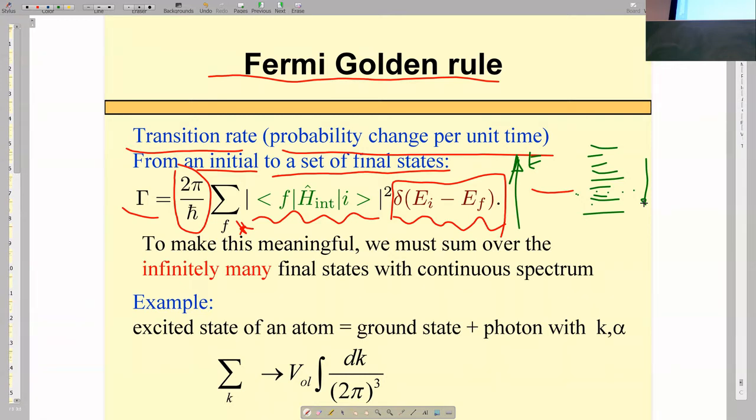So if we have two states, for instance, here and here, and forget about all other states, what will happen in the quantum description? Okay, there will be two states, they will be a little bit hybridized, but still we have two states and no transitions at all.